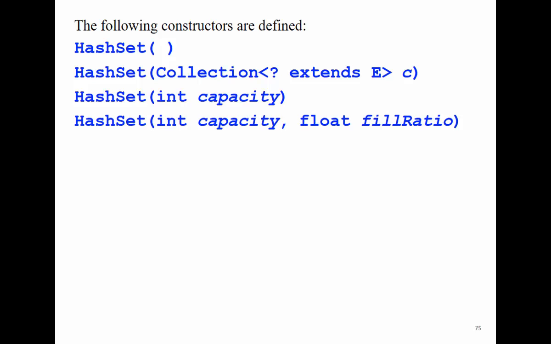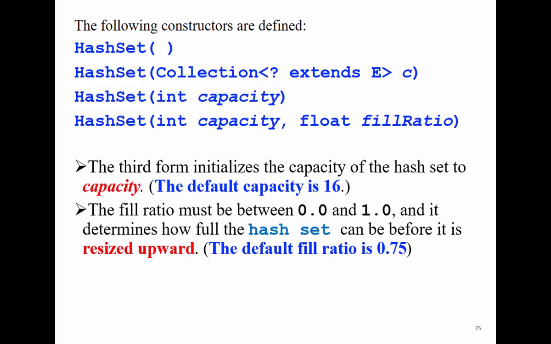You can create a hash set by using the empty constructor. You can start a hash set from another collection. You can start a hash set with some capacity, and you can start with some capacity and fill ratio. The default capacity is 16, and the fill ratio is 75%.